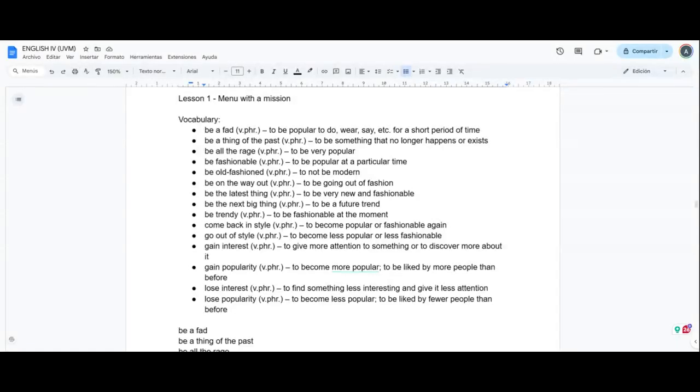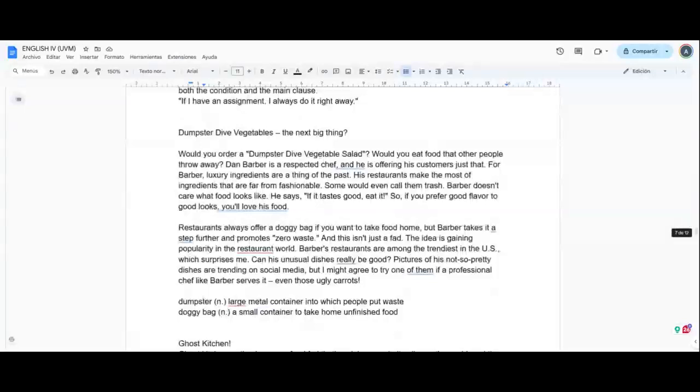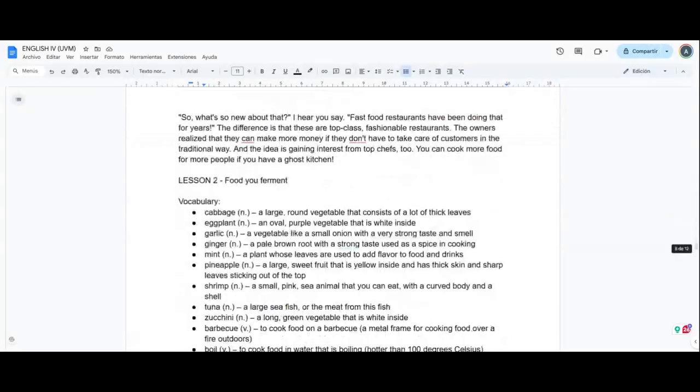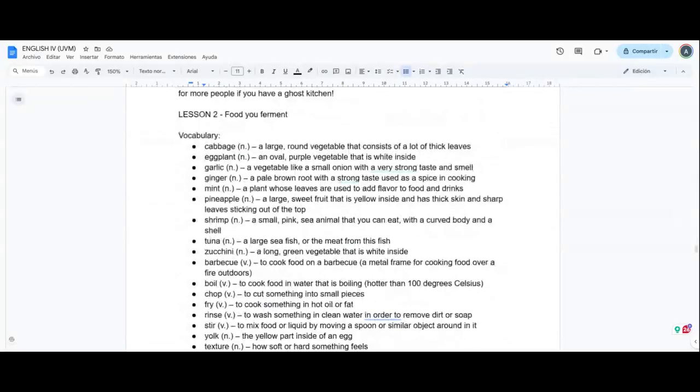Okay, let's go with vocabulary for lesson two because if not, we're not going to review all the things that I want to revise today. In lesson two, you learn this vocabulary. I think this was very interesting because first of all, you learn vocabulary for some vegetables and some fruits that are not usual or not common to find in our refrigerator or in our fridge.